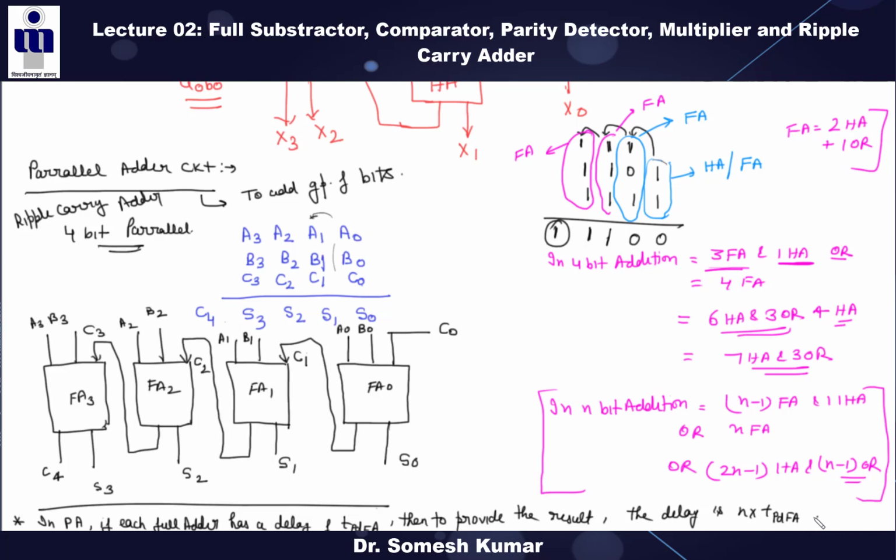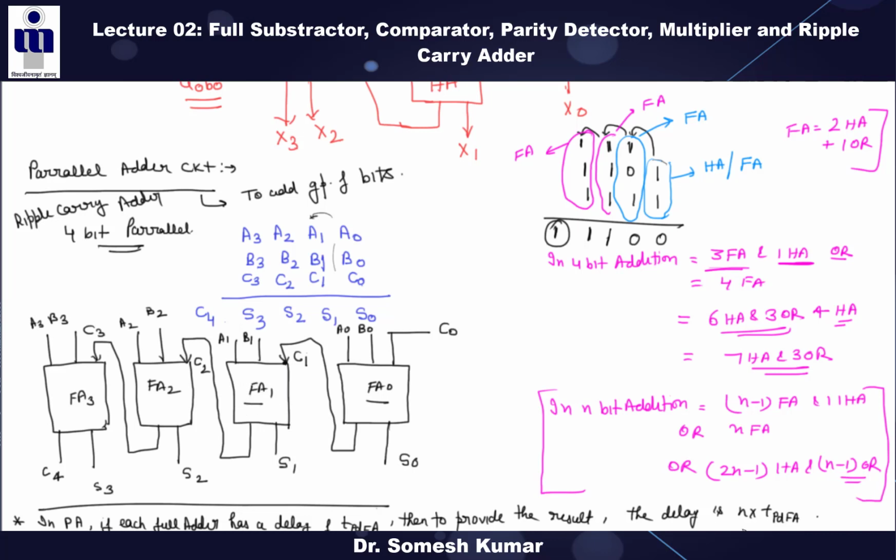Means for the n-bit parallel carry adder, if all these full adders have the same delay, TPD full adder, then the total delay for this circuit is n into TPD. Because in the first delay this carry is generated, and only after this carry reaches the next stage does that addition take place.